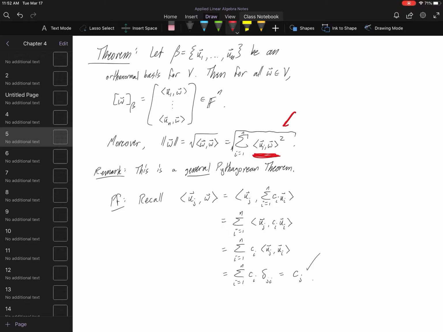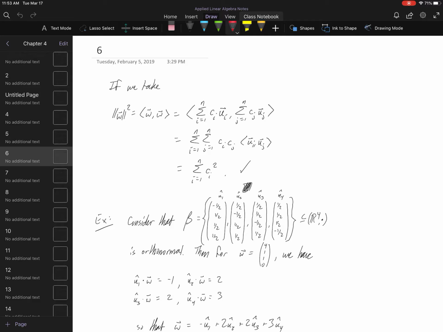This is an abstract, arbitrary inner product. So we get something that looks like the Pythagorean theorem for our standard Euclidean inner product space, but it's for an arbitrary inner product. But the thing that makes it work is the fact that we have an orthonormal basis to play with. We've given ourselves something that looks like the standard Euclidean basis.